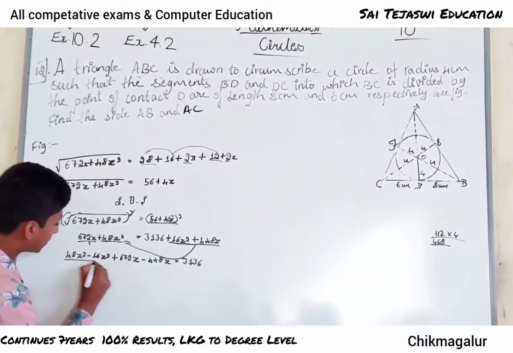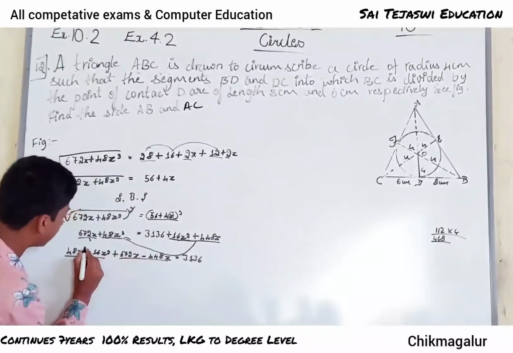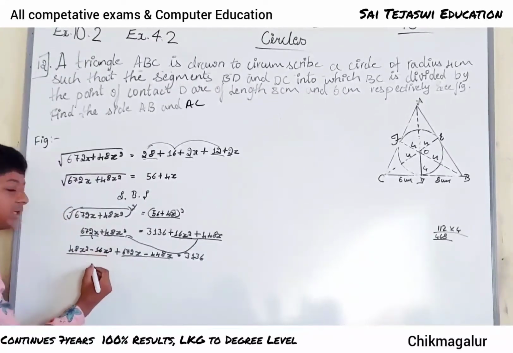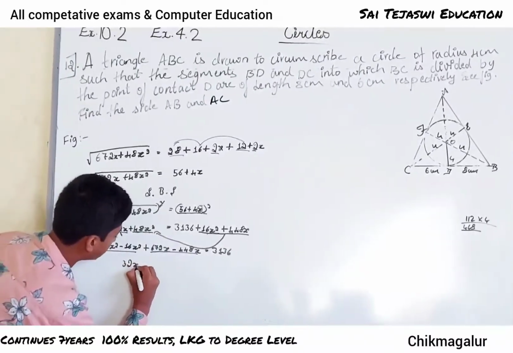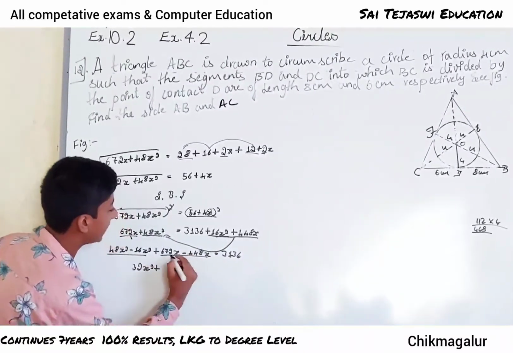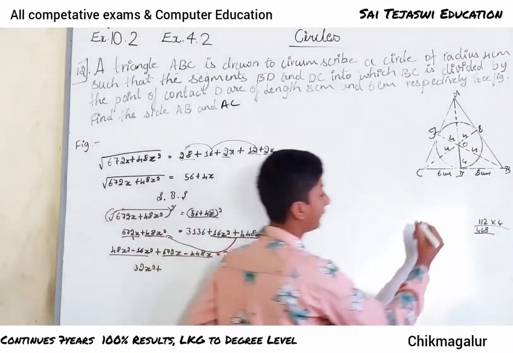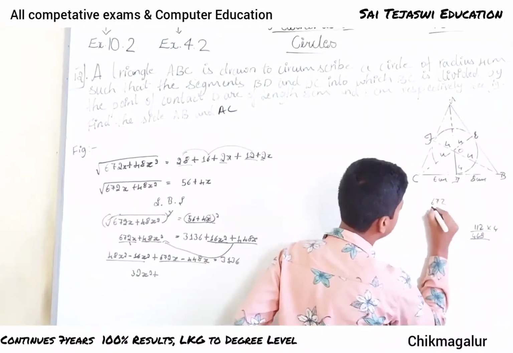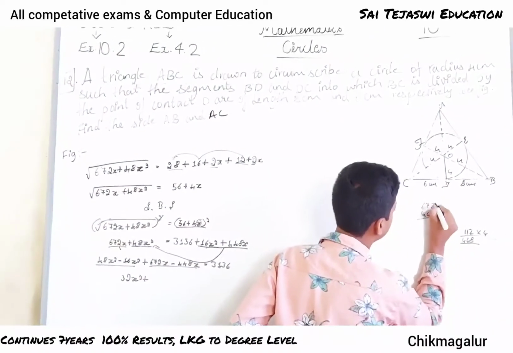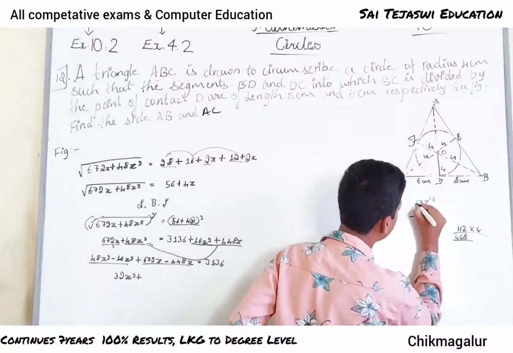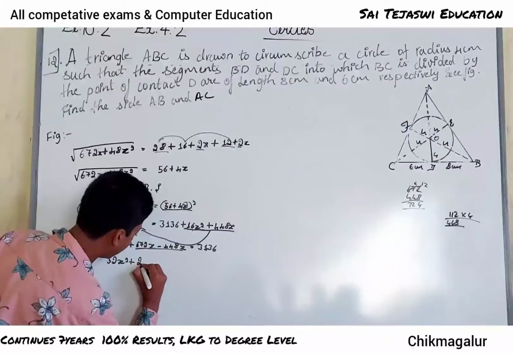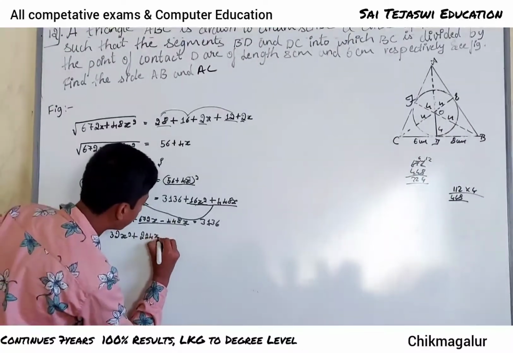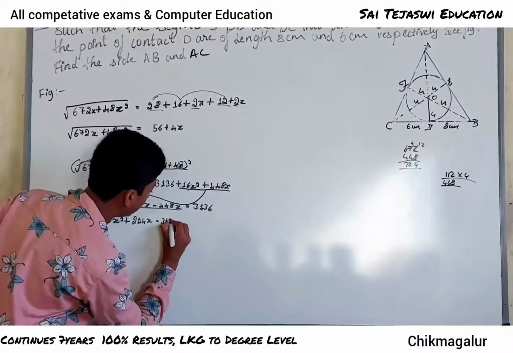Now we'll subtract these because of the degrees. 48 minus 16 is 32x square, plus 672 minus 448, which is 224x, which equals 3136.